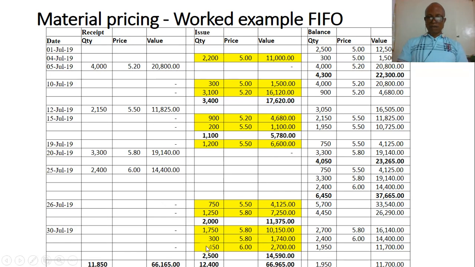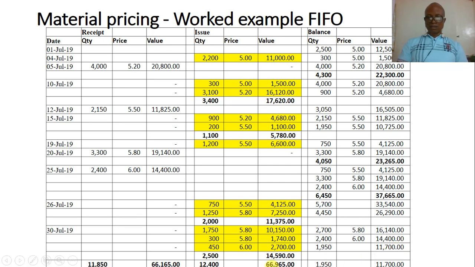And then you now have what is left. That's 450. 450, you multiply it by 6, and then at the end of the day you have 1,950 units valued at 11,700 naira. So that's what you have.